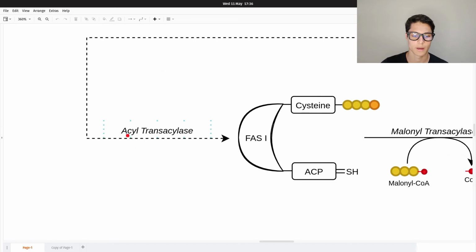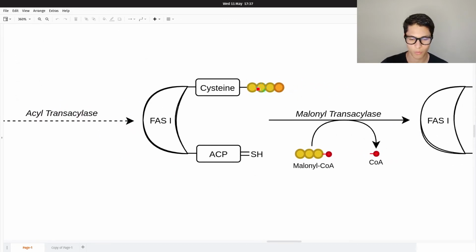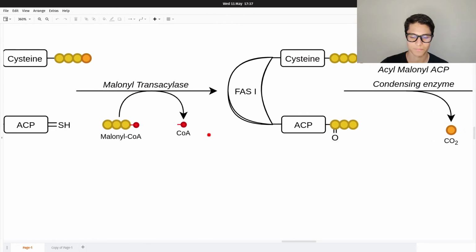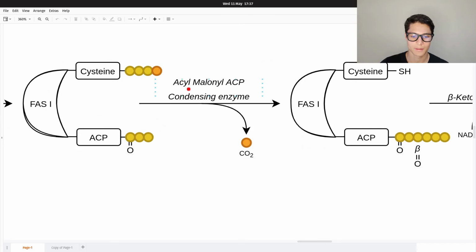We can use an acyl transacylase and move those 4 carbons to the cysteine group. Then we can add another malonyl CoA and, using the malonyl transacylase, put it here. And then using the acyl malonyl ACP condensing enzyme, do you remember?